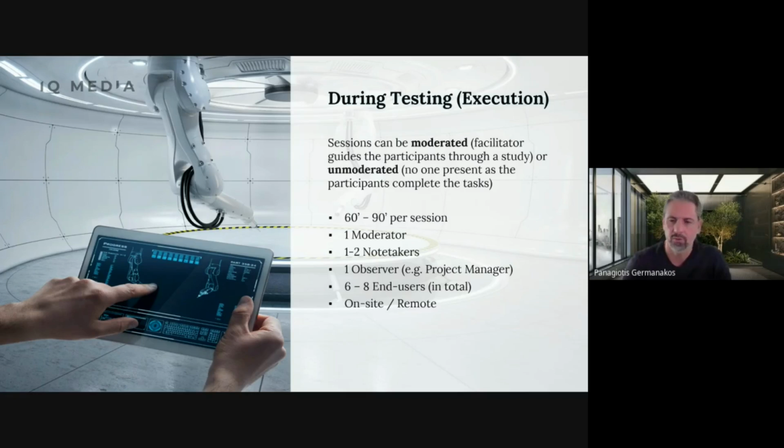So, for example, it would be advisable, especially if you record the session, to avoid showing the users' names on the screen, okay? And you should always give a disclaimer at the very beginning, a GDPR disclaimer.